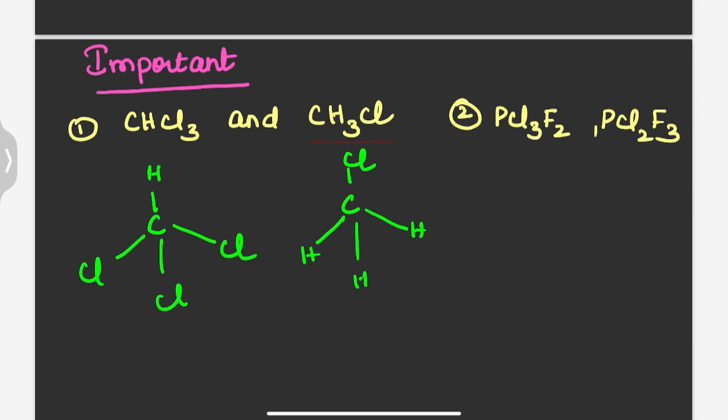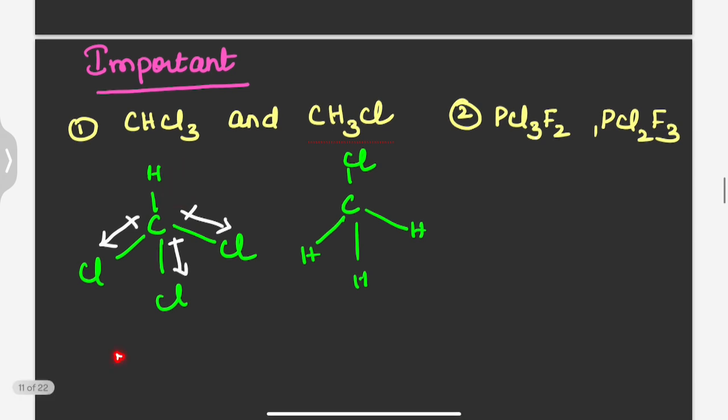Here, out of carbon and chlorine, you know that chlorine is more electronegative. I'll write the arrow like this towards chlorine. Now between carbon and hydrogen, which is more electronegative in nature? You know that carbon is more electronegative in nature. Therefore you will write the arrow like this.